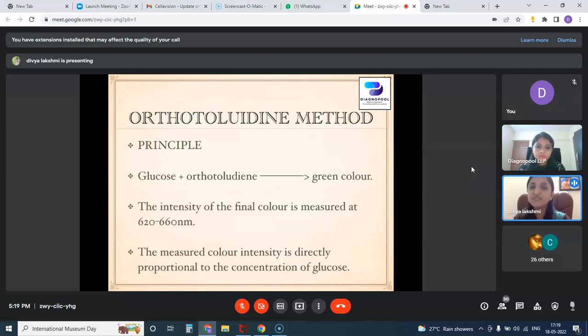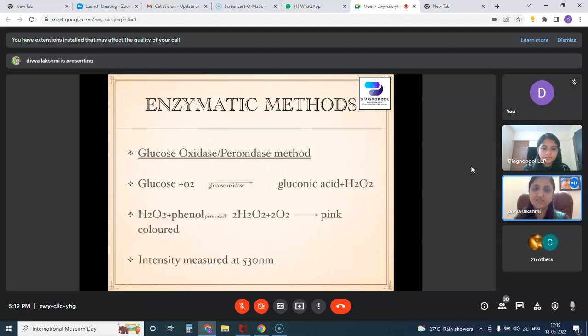The intensity is measured at 620 to 660 nanometers. But all these methods, the Folin-Wu method or the orthotoluidine method, are now outdated and not used much. The most commonly used test in all our labs is the glucose oxidase or GOD-POD method.